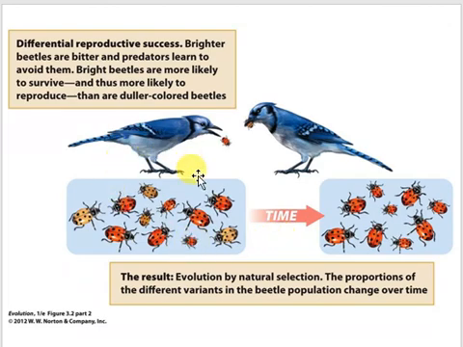Because of the selective pressures existing in this situation, which was the selective predation by birds, you have a shift in the proportion of red variants versus yellow variants, where you are selecting for the success of the red beetles because they're bitter in taste. So over time, you have a larger presence of these beetles. That's how those three conditions intertwine in regards to natural selection.